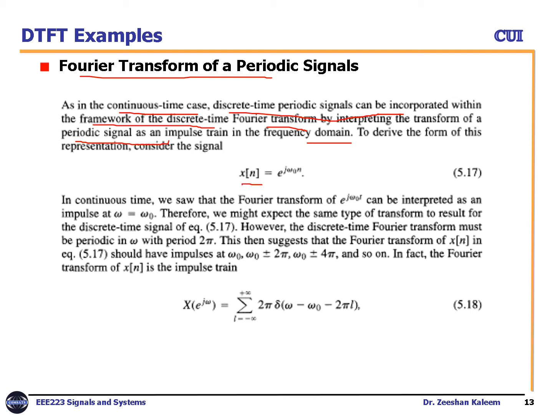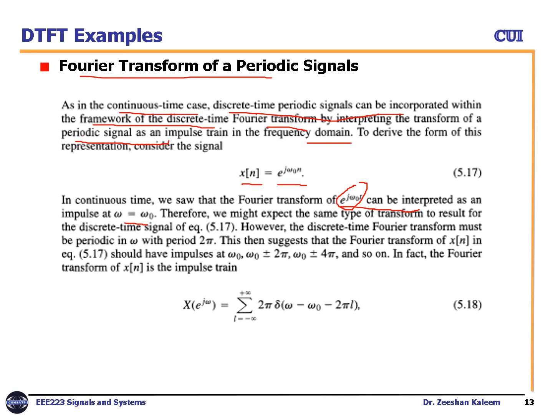If you have x[n] equal to e^(jω0 n), in continuous time we say that the Fourier transform can be interpreted as an impulse. For example, if you have e^(jω0 t), which is a continuous time signal, and you take its Fourier transform, you will get an impulse at the output.